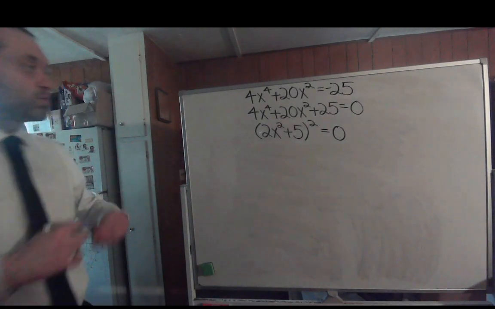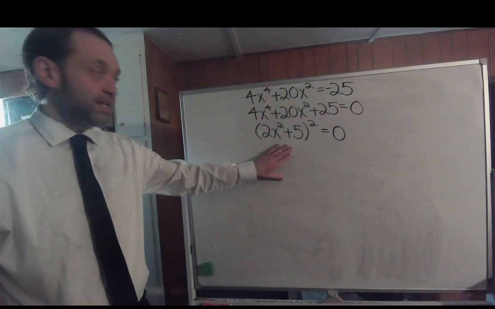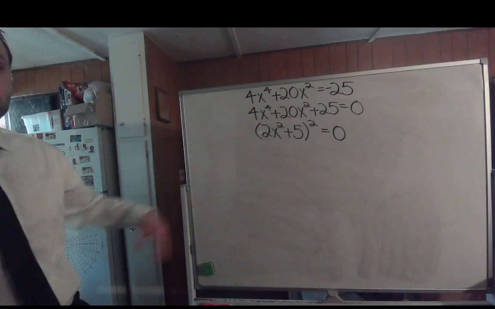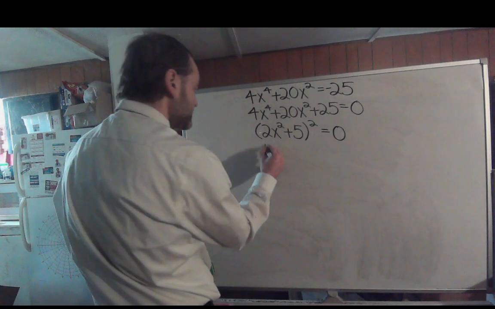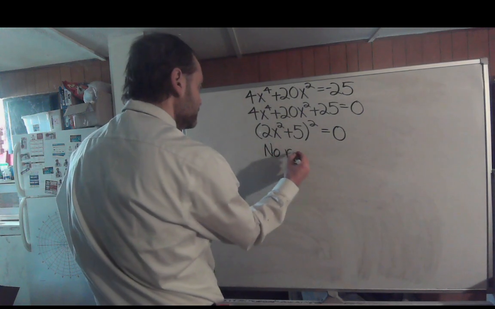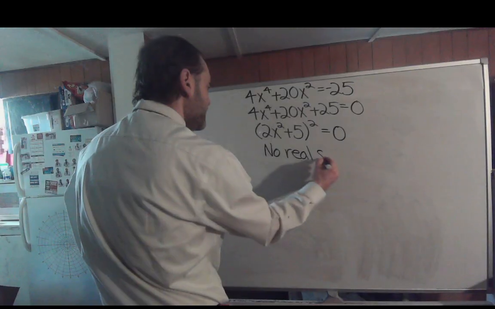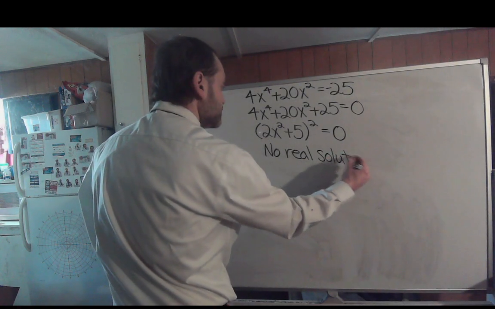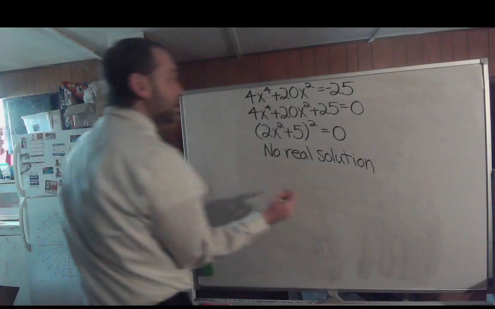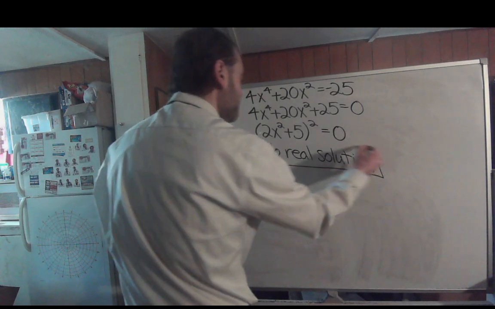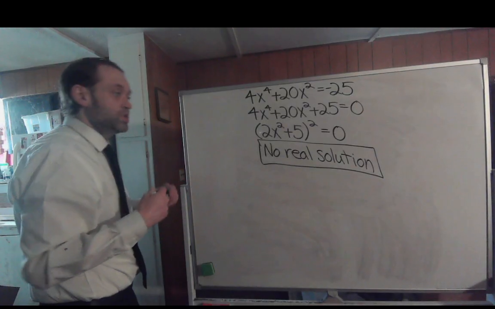Well, 2x squared plus 5 itself would give you imaginary solutions, right? In this case, there's no real solution. We would have 4 imaginary solutions, but we would have no real solution.